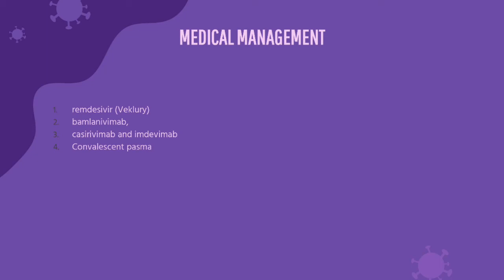These medications are bamlanivimab from Eli Lilly and casirivimab and imdevimab, which must be administered together, from Regeneron Pharmaceuticals. Like remdesivir, they are also administered by IV infusion and intended for people ages 12 years and older. These medications are used for outpatient therapy.